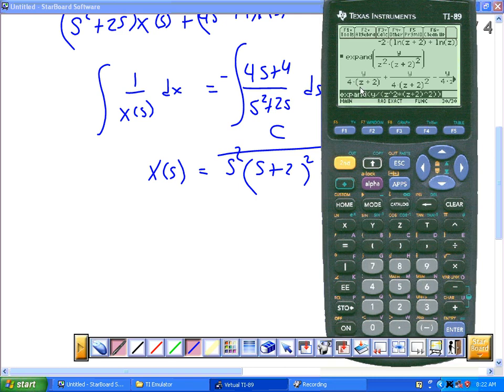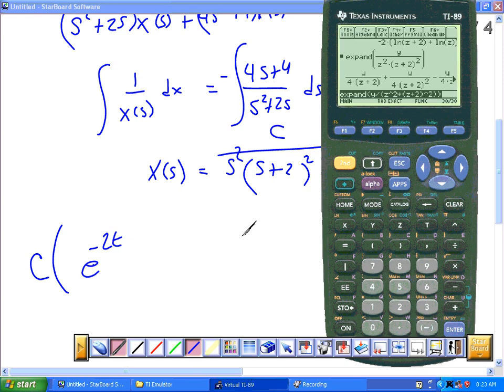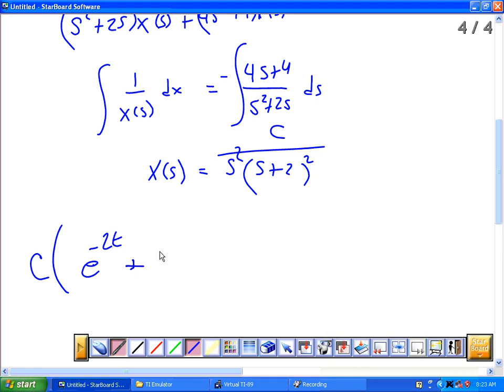So that's a constant. So you get a constant over s plus 2, which is e to the minus 2t. And then a constant in front of that. They all have the same constant if you look. And here you've got (s plus 2) squared, so that's plus t e to the minus 2t.